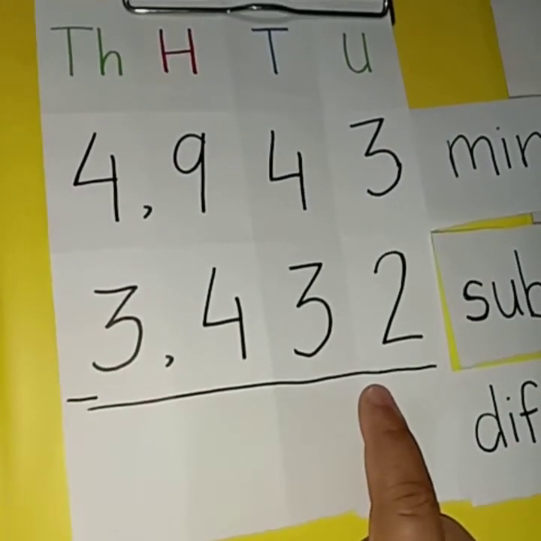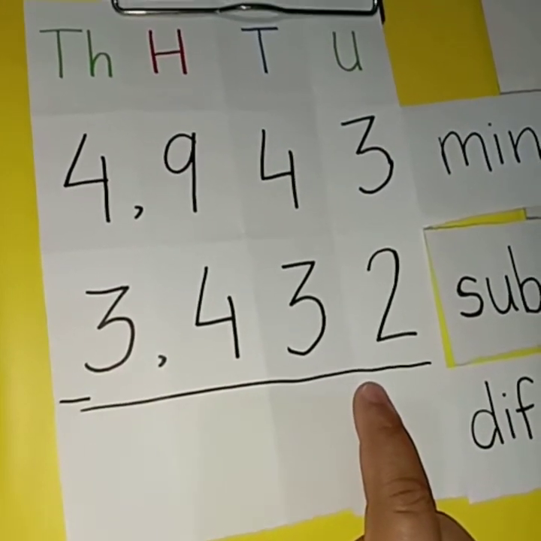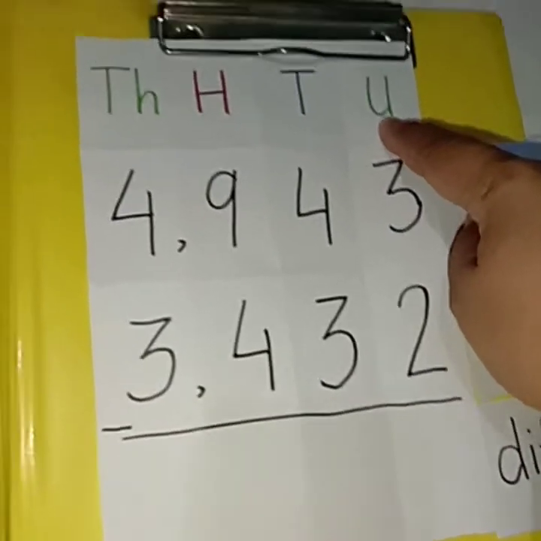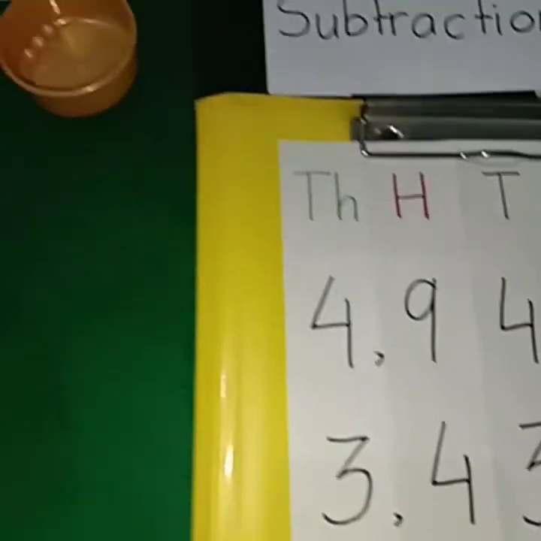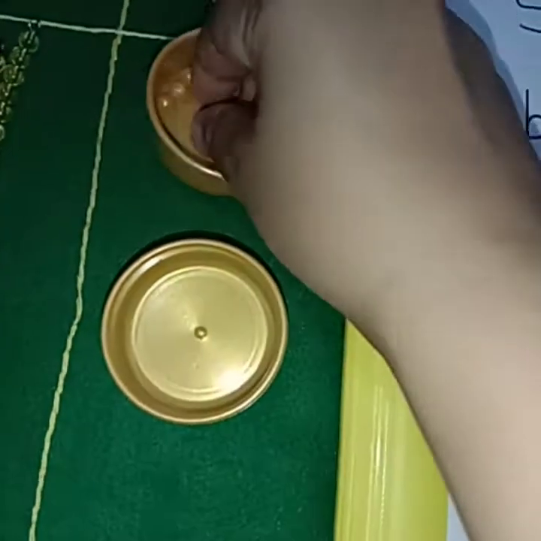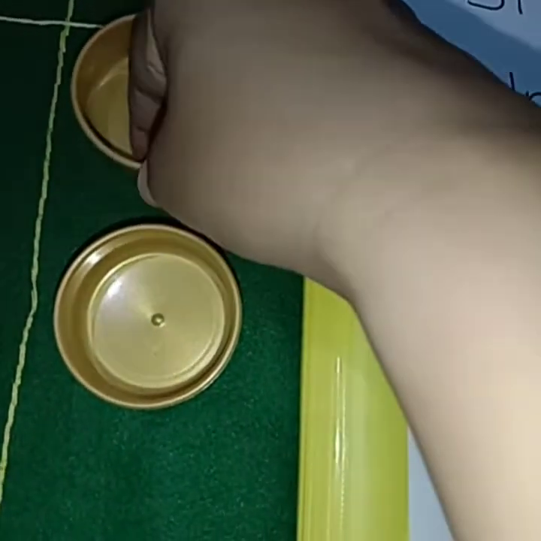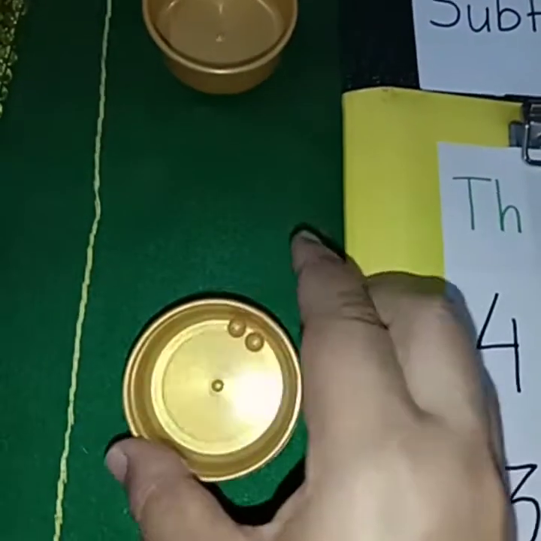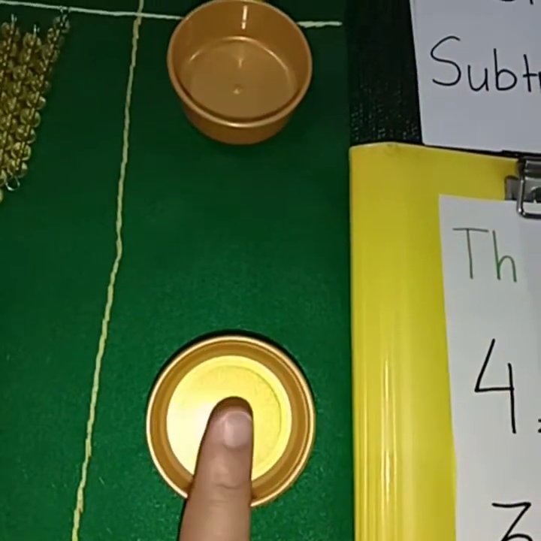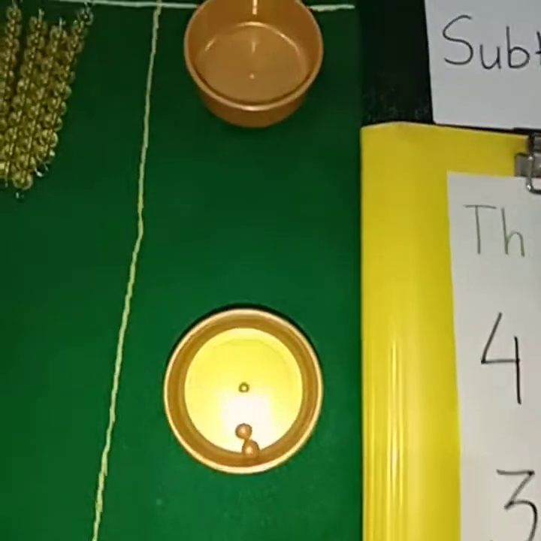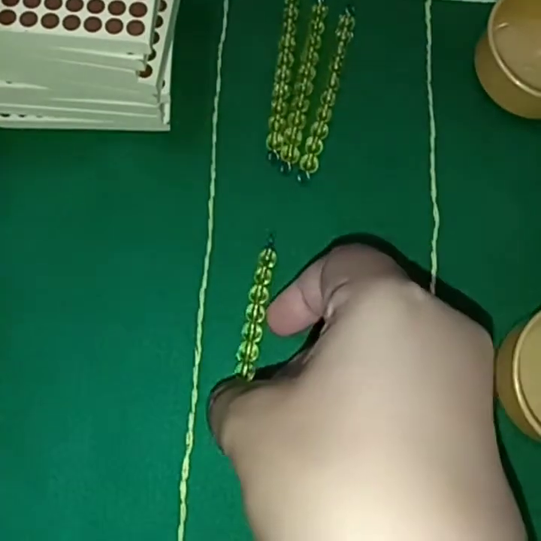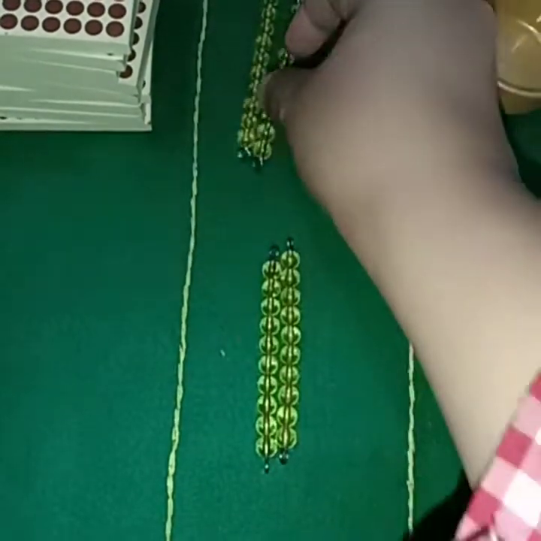And just like addition and multiplication, we have to start taking away from the lowest hierarchy, which is the unit. So let's start from the unit. We're going to take away 2 units from 3 units. 1, 2. We put the subtrahend under here, under the minuend. Okay, and then tens, how many do we need to take away? 3. We're taking away 3 from 4. 1, 2, 3.